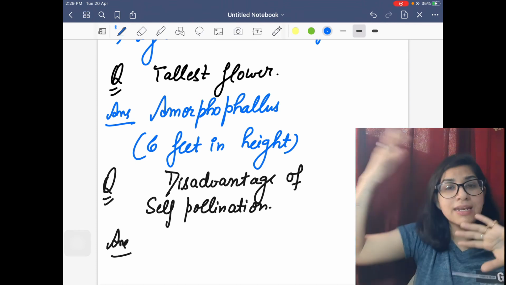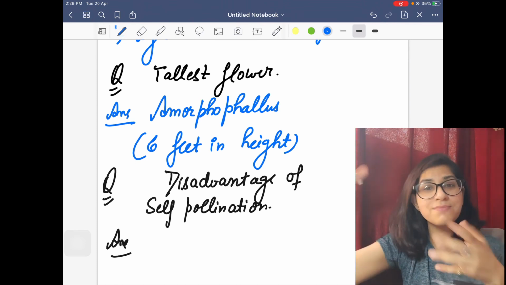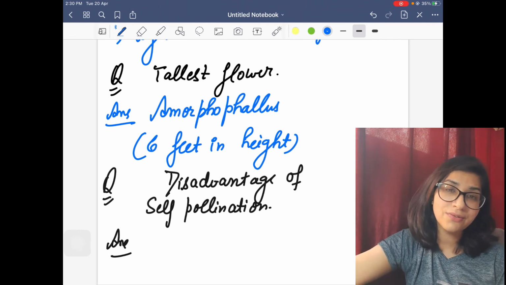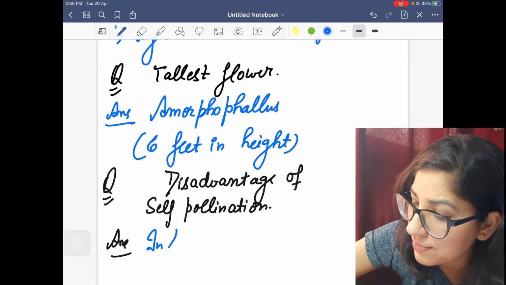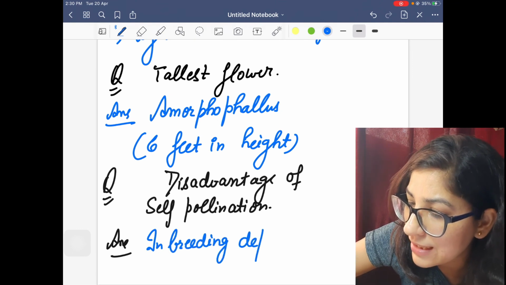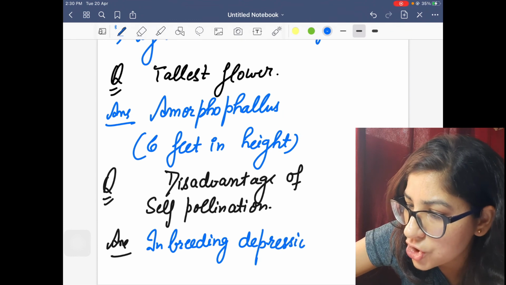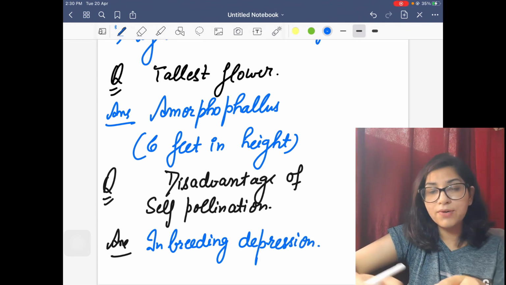Children, for many years the same genes are getting multiplied and transferred, so this leads to inbreeding depression, right? So these were a few questions from anemophily.